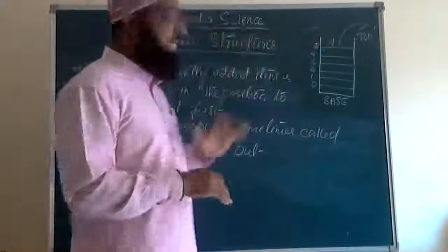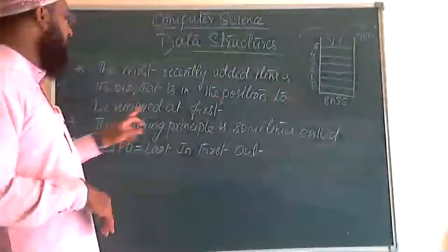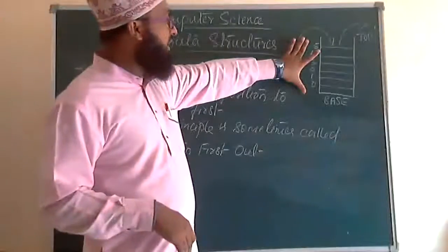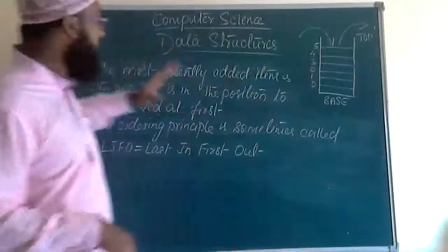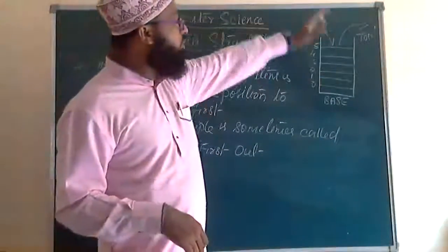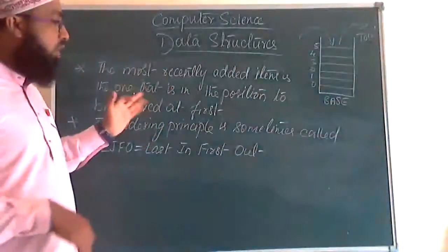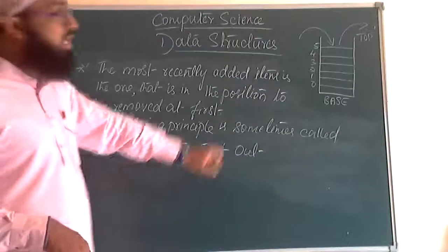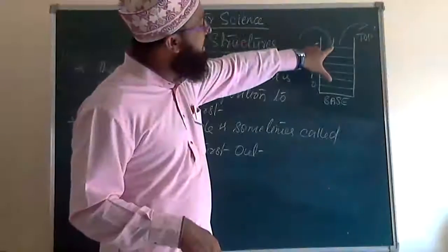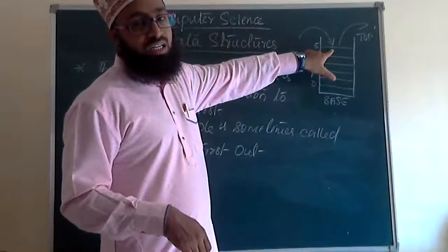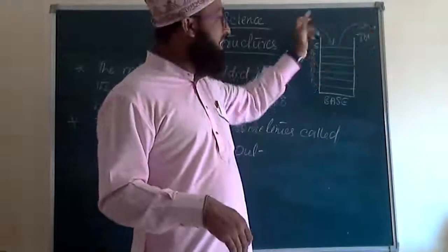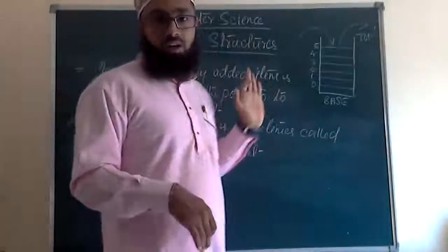The item which is inserted last should be removed first. This ordering principle is called LIFO. LIFO means last in, first out. Last in means the item which is inserted last, and that is removed from the stack first. That is called last in, first out.